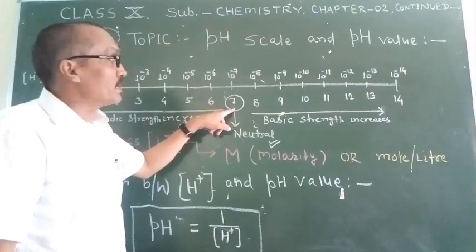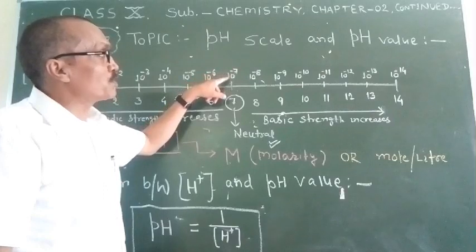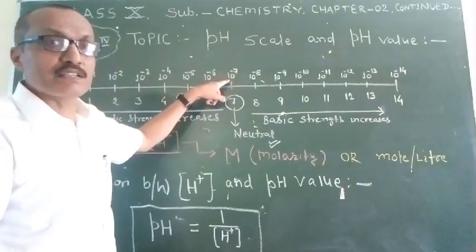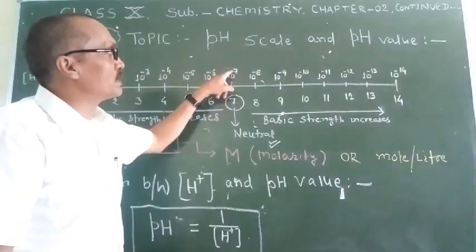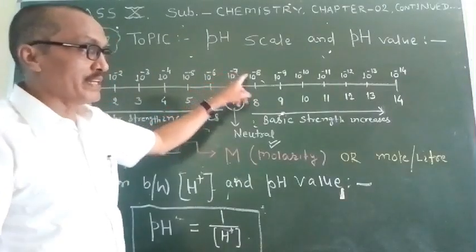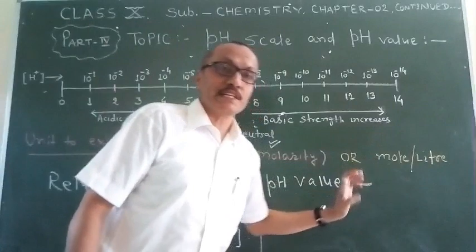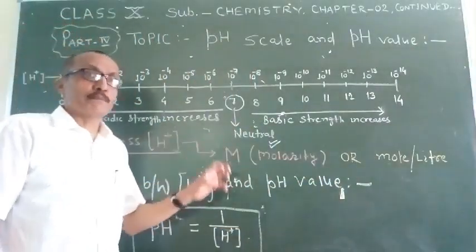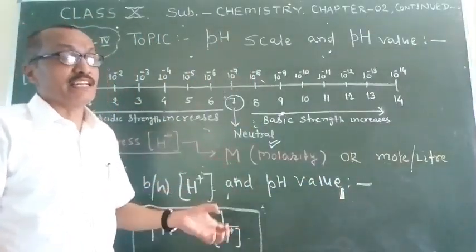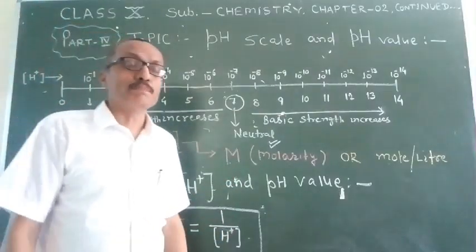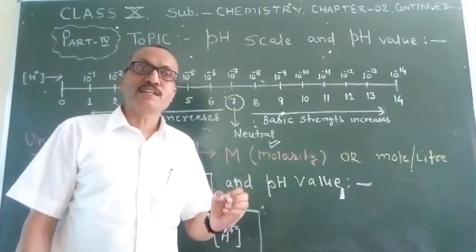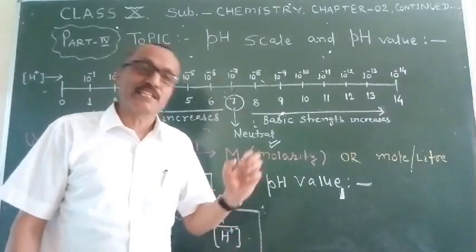In that solution, concentration of hydrogen ion, if asked, what would be your answer? 10 to the power minus 7 mole per liter. So the solution which pH is 7, in that solution concentration of hydrogen ion would be 10 to the power minus 7 mole per liter.